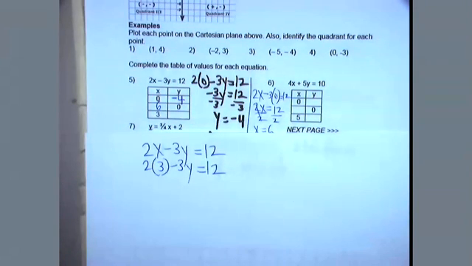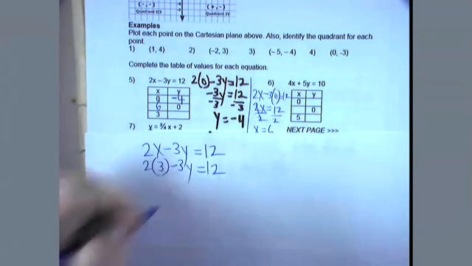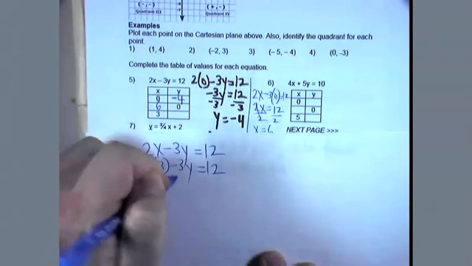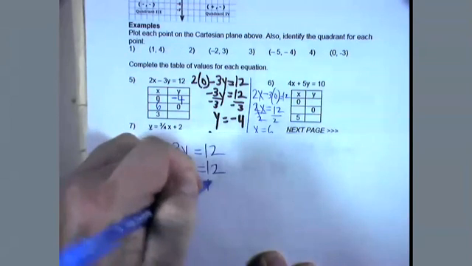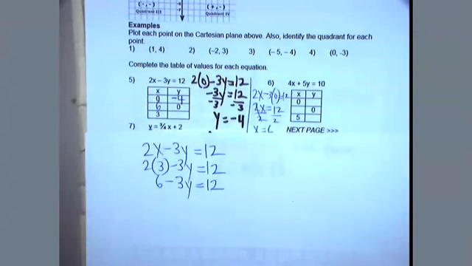Multiply 2 times 3, that will give us a positive 6. Minus 3y equal to 12. And you have a standard equation that you have to solve for or get y by itself. The next step to solving for y is subtract 6 from both sides.